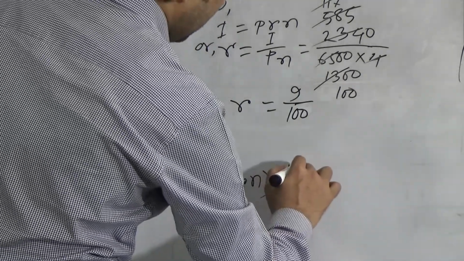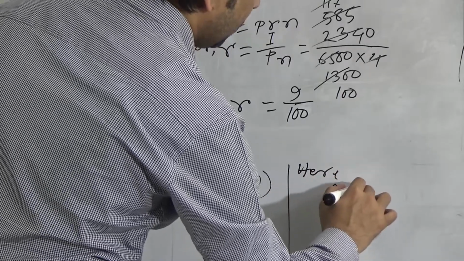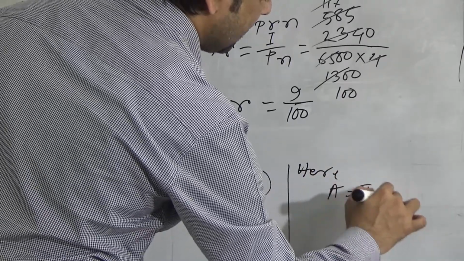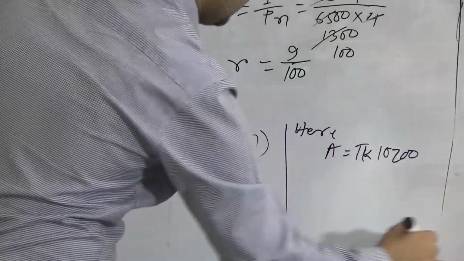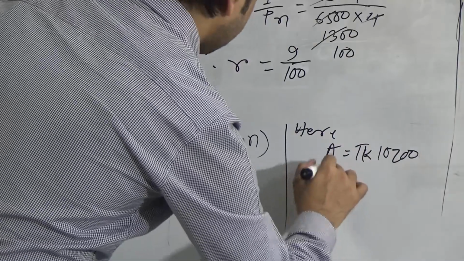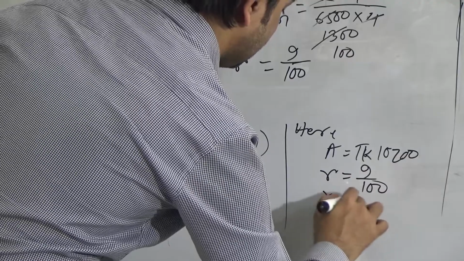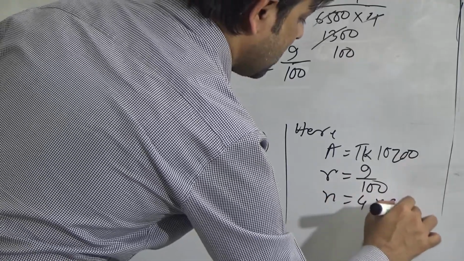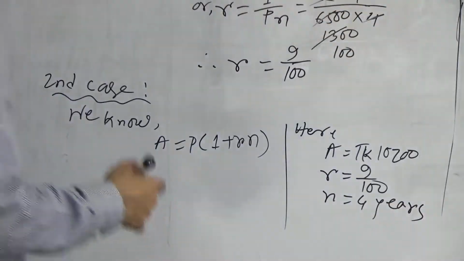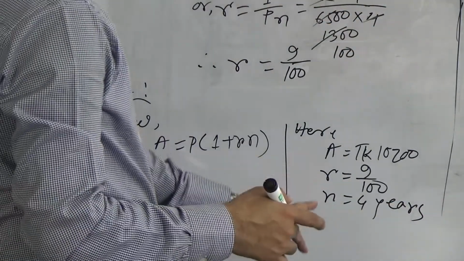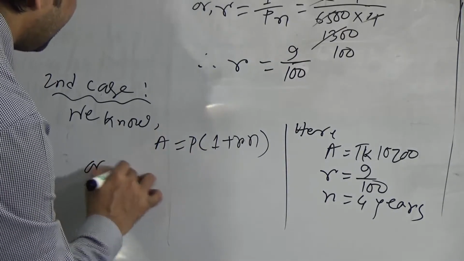So we can write A equal to 10,200, and then we know R equal to 9 by 100, N equal to 4 years. So we know the value of A, R and N, so we can determine the value of P.